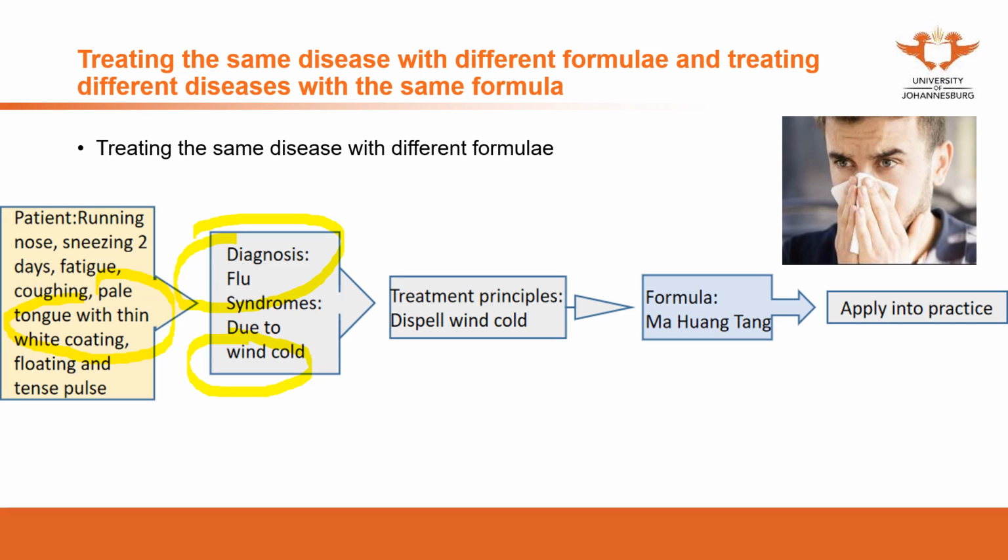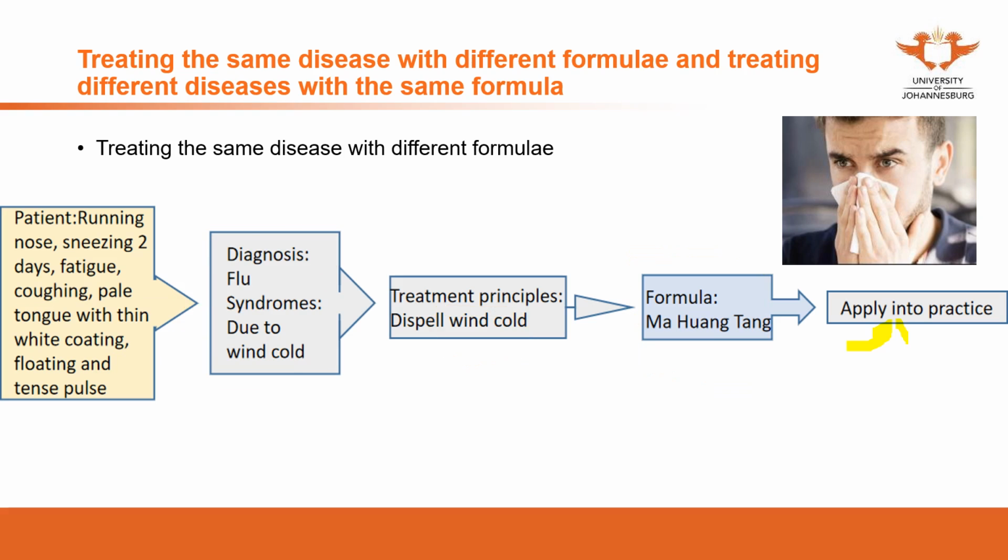The treatment principle will be dispelling the wind cold. We use Ma Huang Tang. This is another formula. In acupuncture practice, we also can use another group of points for wind cold. Then we apply into practice.